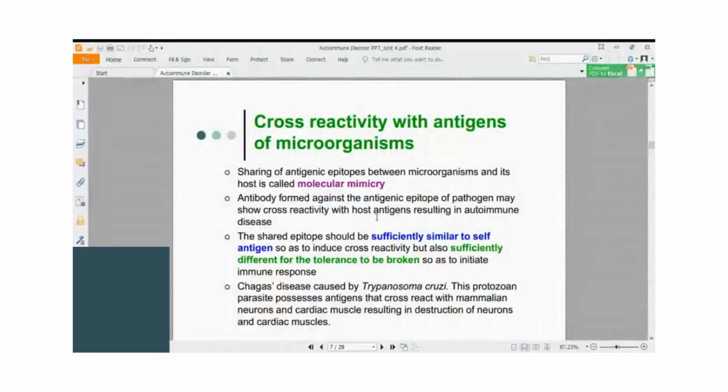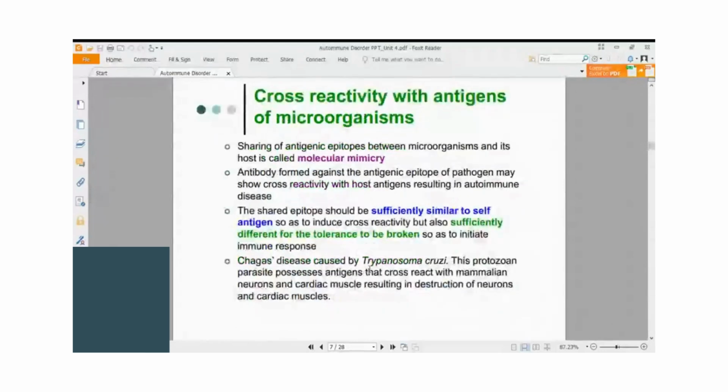But those antibodies will recognize similar epitopes on the host cells. Let me take an example of one pathogen, a protozoan parasite, Trypanosoma cruzi.